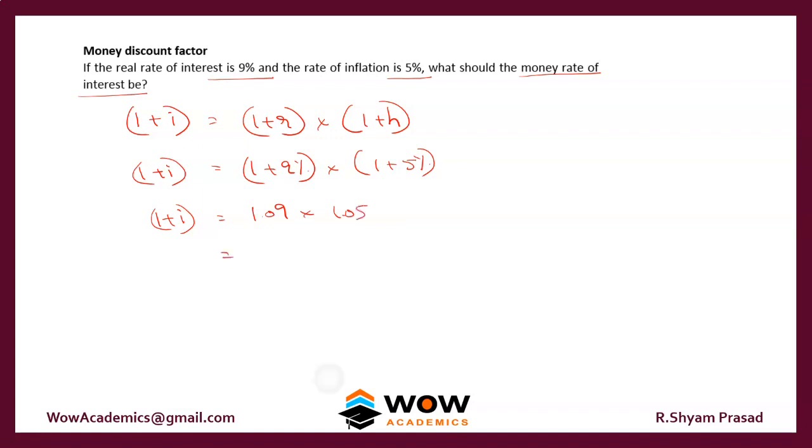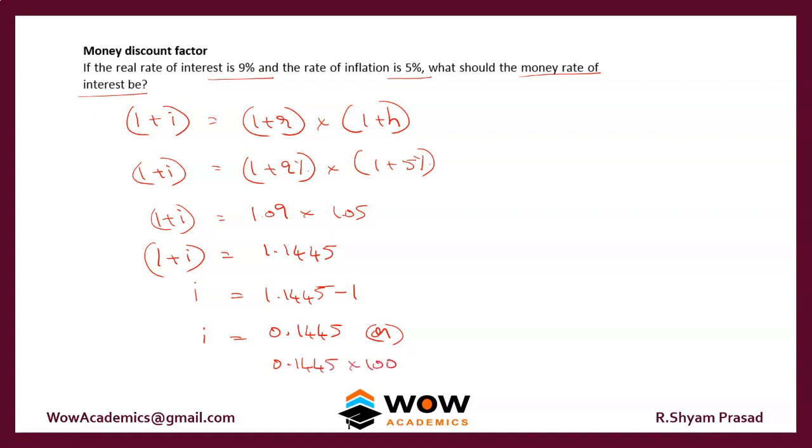To solve it, we'll have the I on this side and the 1 will move to the other side. So the I would be 0.1445, or it can also be multiplied by 100, which comes to 14.45%.